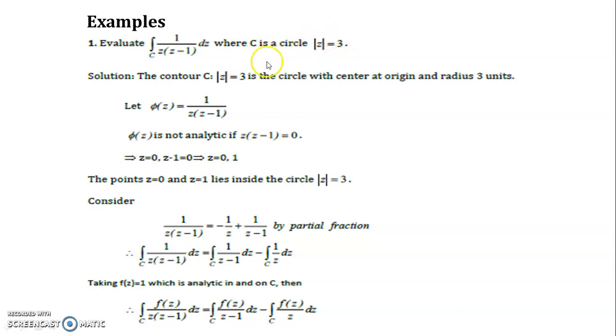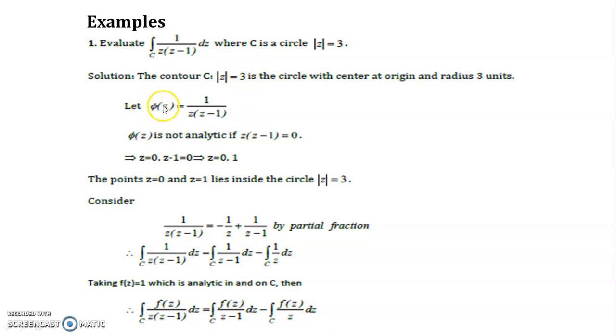For the solution, the contour C, mod z equal to 3, represents the equation of a circle. The equation of a circle in modulus form is mod z minus z naught equal to r, that is, z minus a equal to r. Here z naught, or a, is 0, and the radius is 3 units, so the center is at the origin.